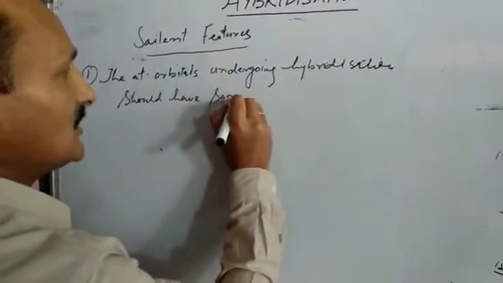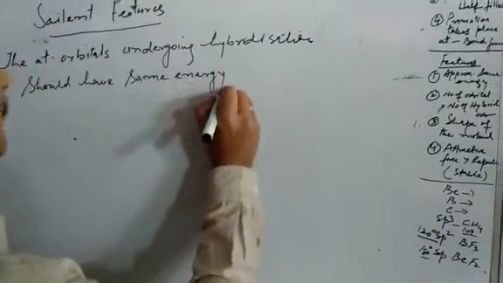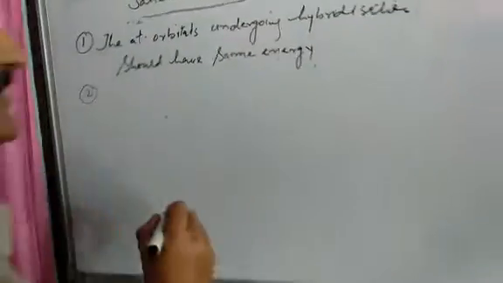So which orbitals should be taken for hybridization? Those which have approximately the same energy. This is one of the salient features.